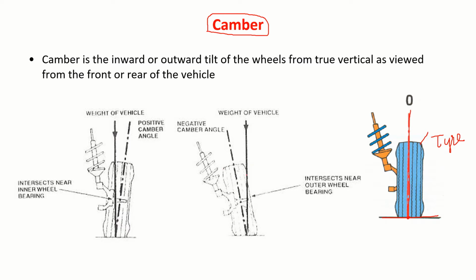Now, from this center point, I draw a vertical line, which you can call the line through which the weight will be acting. Then the center line of the tire you take, and it will make an angle.